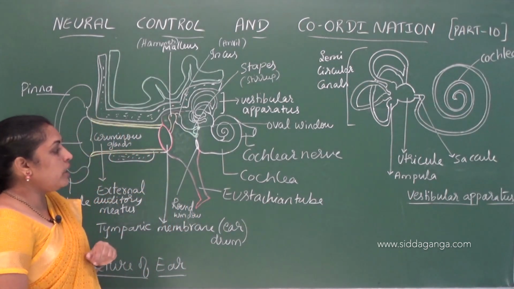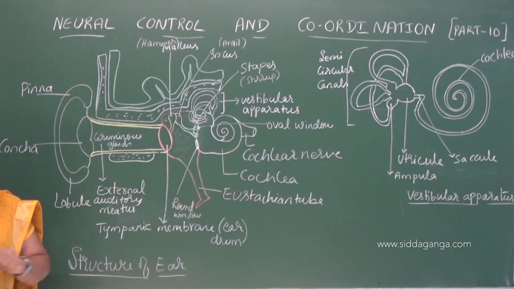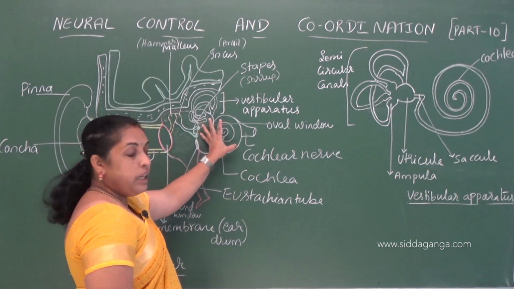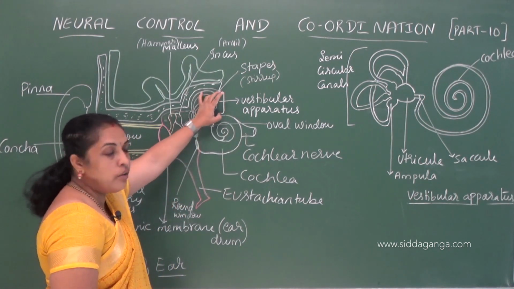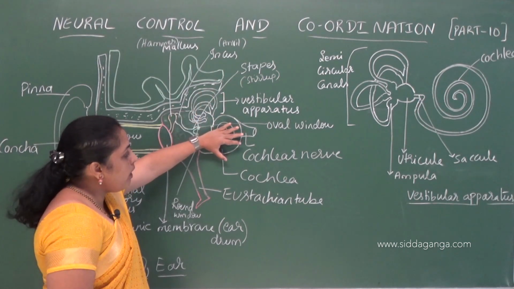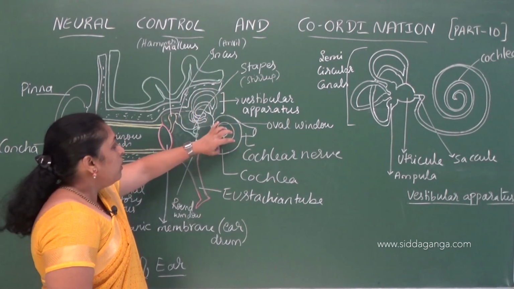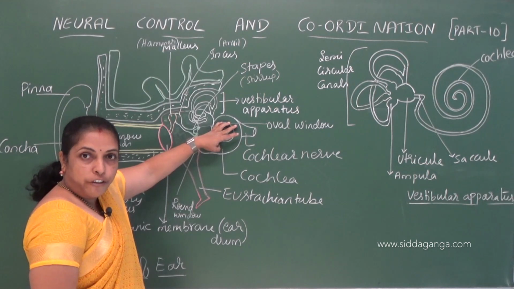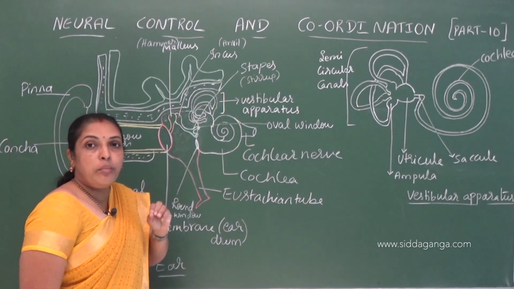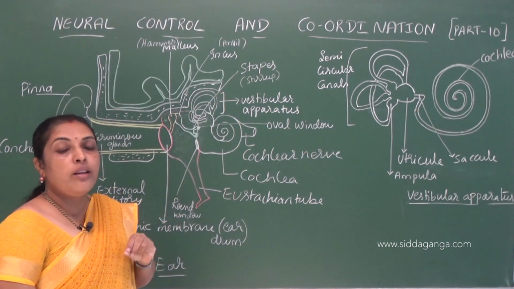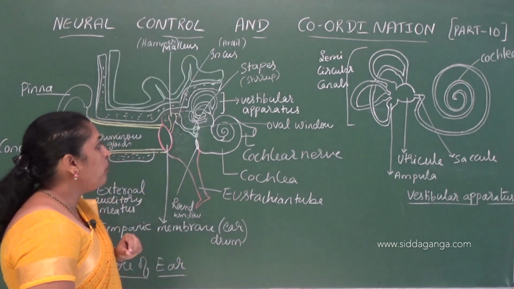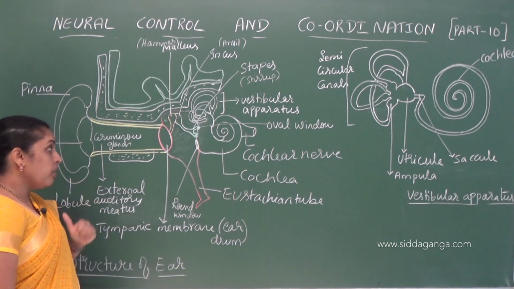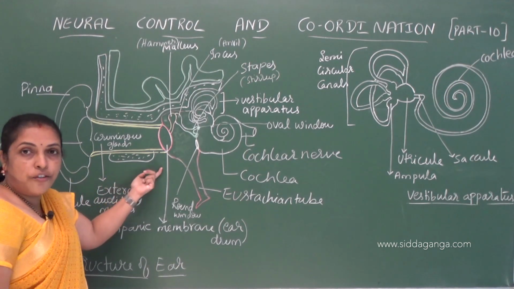In the inner ear we see two parts, the cochlear part and the vestibular part. The cochlear part is mainly involved in the mechanism of hearing. The vestibular part is mainly involved in balancing body posture. That is about the structure of the ear.